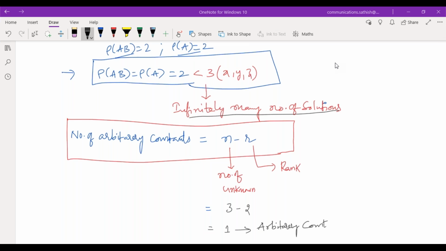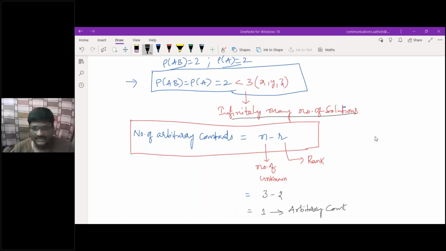From the last row, let us consider that arbitrary constant as z, some other variable. Am I right or not?